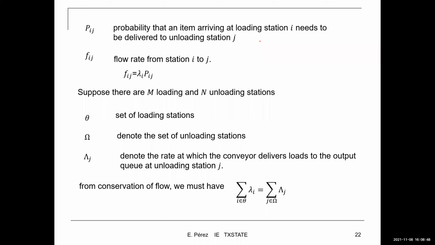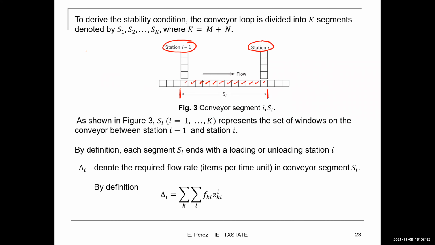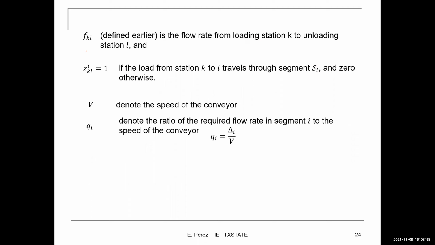So we have defined Fij. We have to talk about Z. Z is a binary variable. As we mentioned already, Fkl is the flow rate from loading station K to unloading station L, and Zkl equals 1 if the load from station K to L travels through segment Si and 0 otherwise.